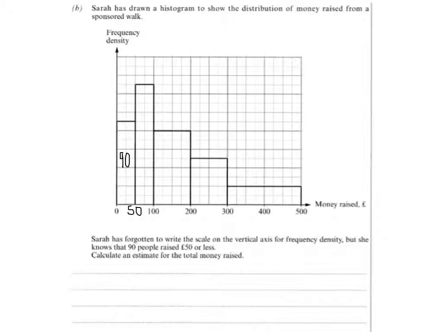So you can think of it that way, or you can just remember that the frequency density is equal to the frequency divided by the width of the group. So in this case, the frequency is 90, because 90 people, and the width is 50, because we're going from 0 to 50.